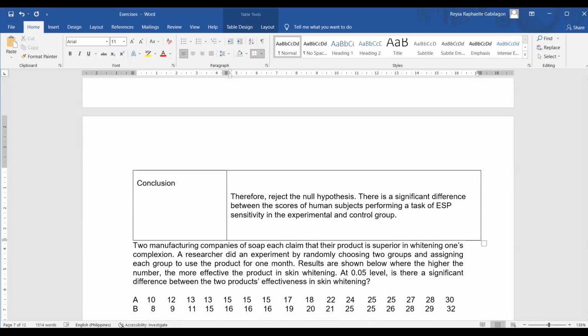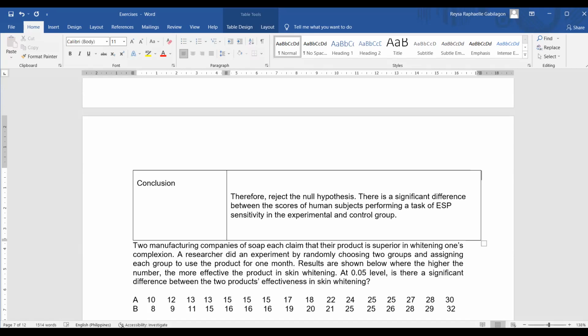Reject the null hypothesis, and yes, we have to accept the alternative hypothesis since the computed Z is greater than the tabular Z. So again, reject the null hypothesis. There is a significant difference between the scores of human subjects performing a task of ESP sensitivity in the experimental and control group.